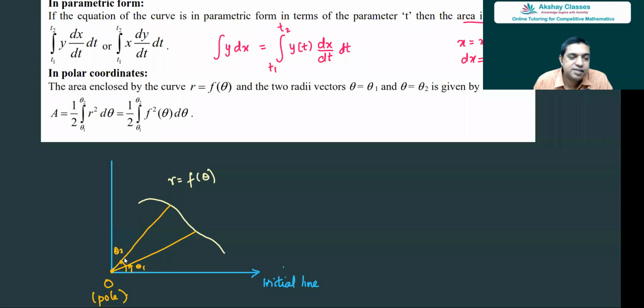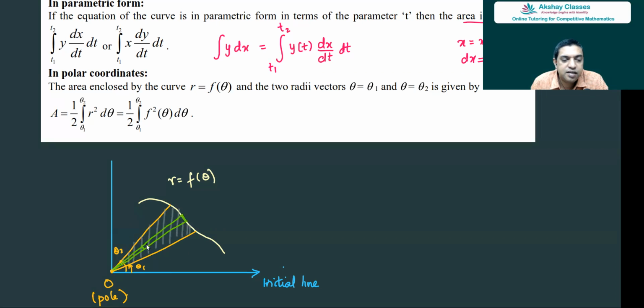So I want this particular area. To find that area, the simple thing that we do is take an elemental strip, a very small elemental strip.